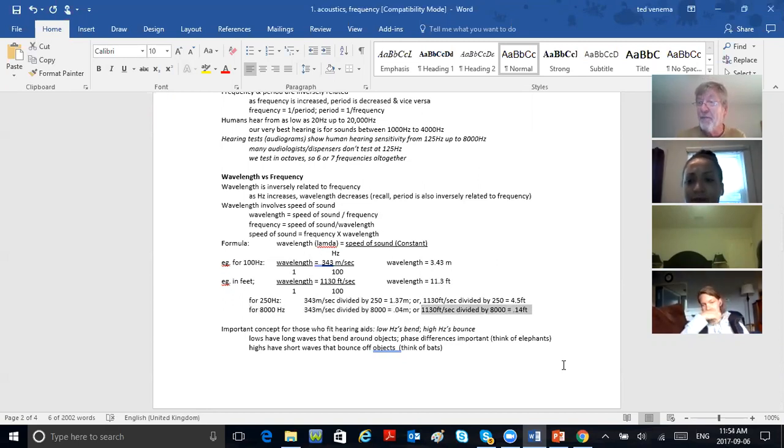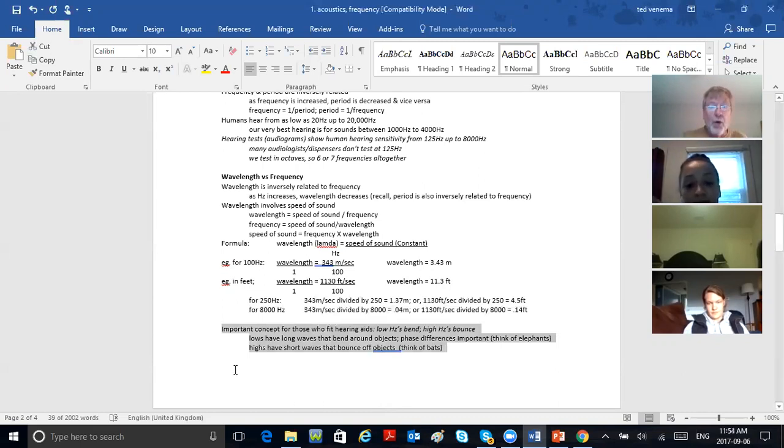It's pretty small, okay? So here's an important concept of all of this. Low frequencies bend around objects. Think of the elephants. High frequencies bounce off objects. Think of bats using high-pitched sounds like radar to bounce off the bugs so their ears can pick it up and they know where to find the fly to eat it.